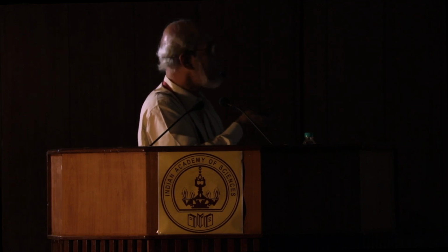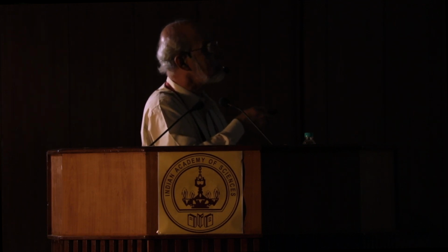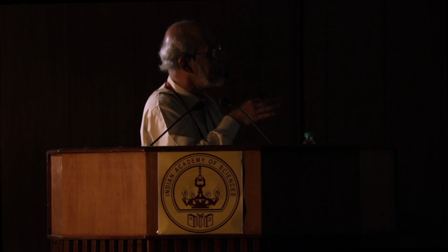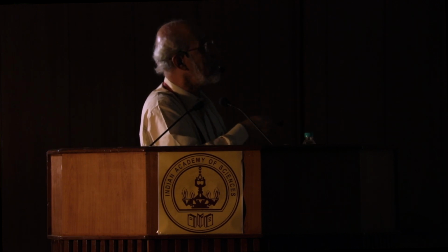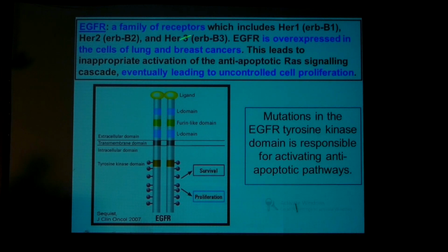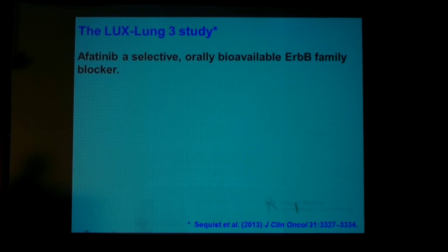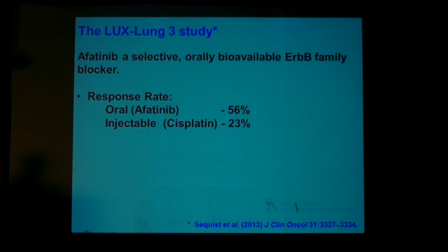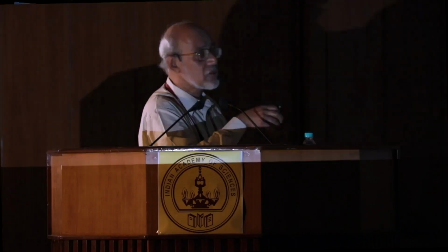There are multiple trials, and it turns out that you can actually take action against mutated EGFR. Afatinib is a selective, orally bioavailable blocker of this family of receptors, the ERBB receptors, and it blocks that particular protein. This went through clinical trials.